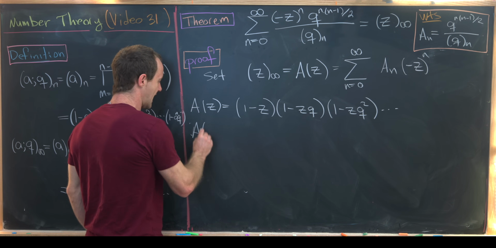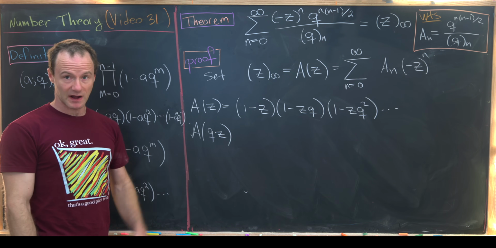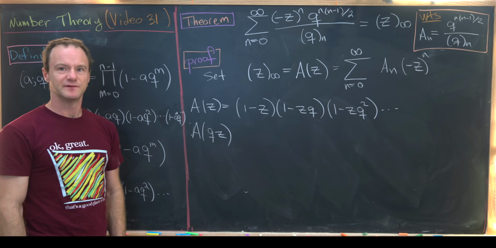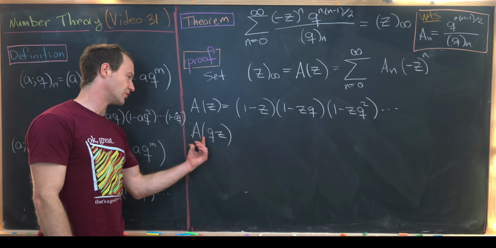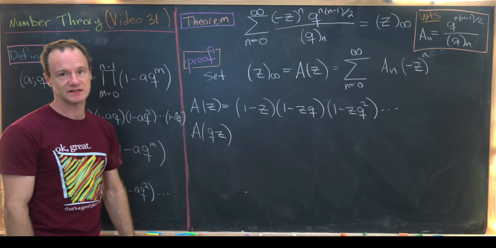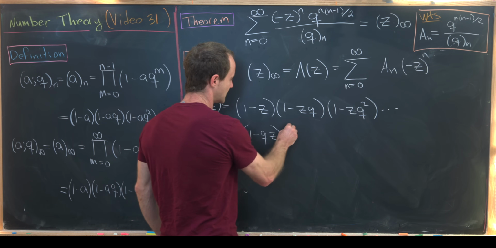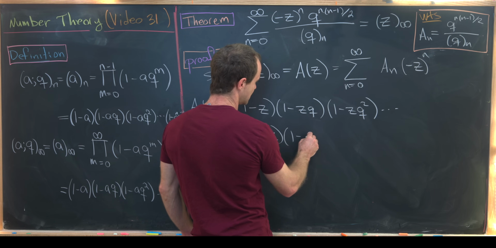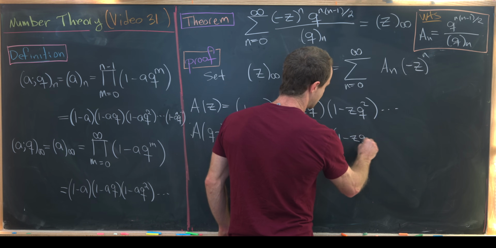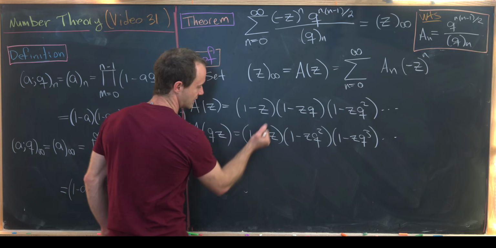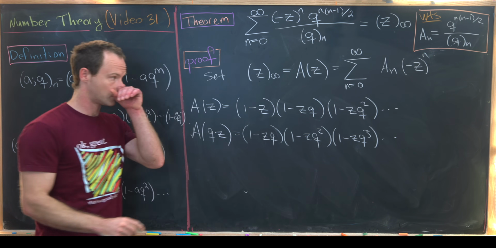Next, let's look at A evaluated at qz. Being inspired by what we did in the last proof, this is actually a pretty common method to evaluate this kind of thing at qz. So that's going to give us (1 minus zq)(1 minus zq squared)(1 minus zq cubed), and so on and so forth. So that's a little annoying. Let's rewrite that as zq.